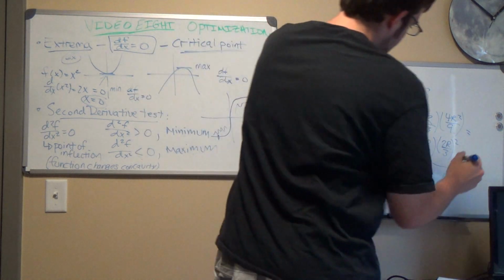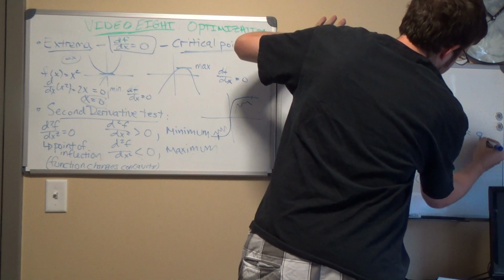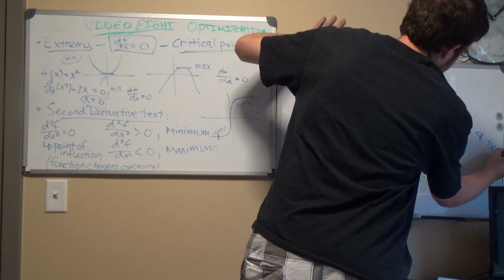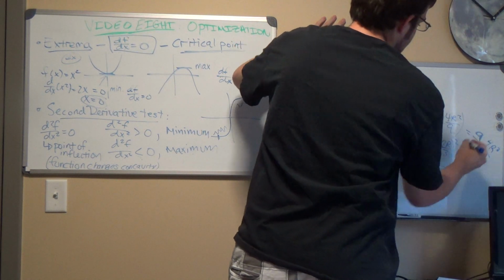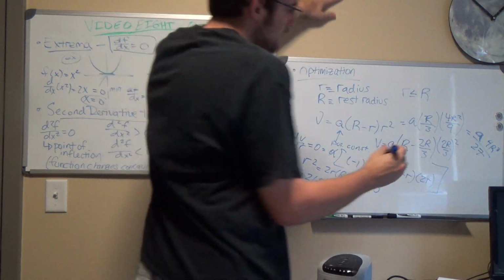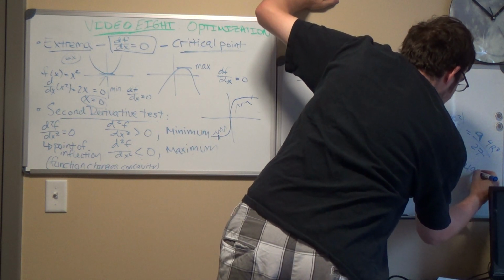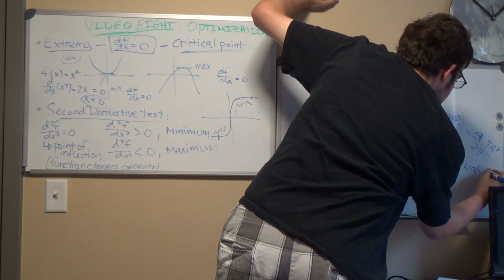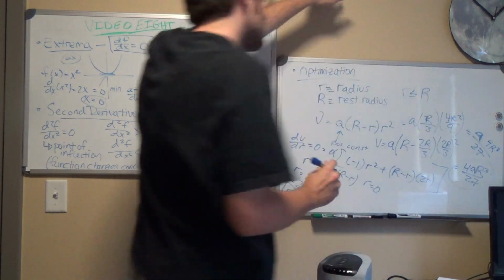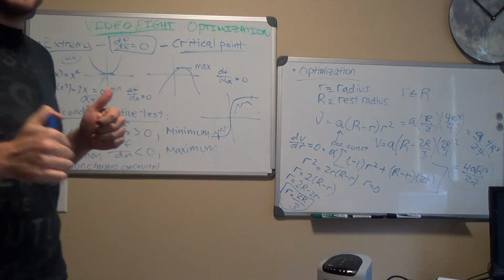That equals a times 4R cubed over 3 times 9, which is 27. So let's just rewrite this as 4aR cubed over 27. And that is the maximum velocity.